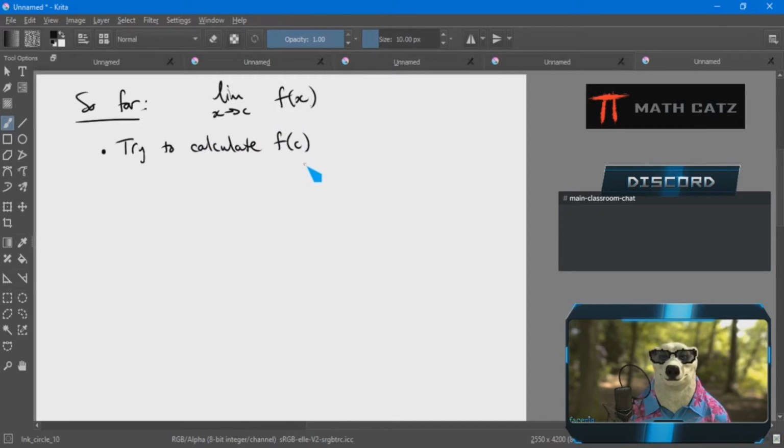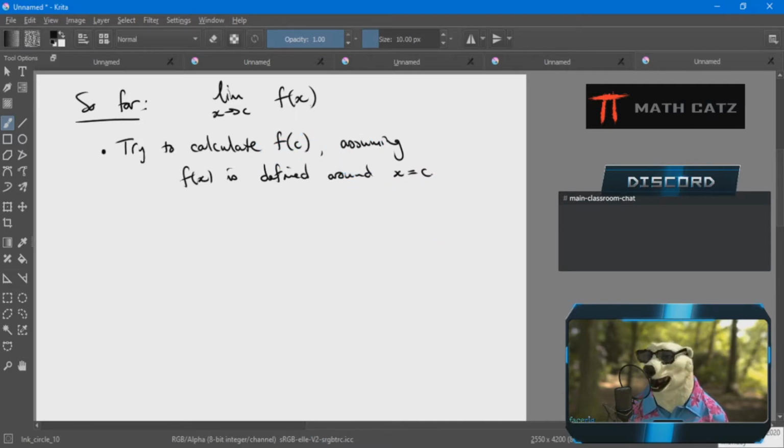Because for our functions, assuming that f of x is defined around x equal to c, if I can calculate a y value, the kind of functions we're looking at will be continuous at x equal to c, which means the limit is just the y value. The graph goes through that in one piece, nothing weird is happening.